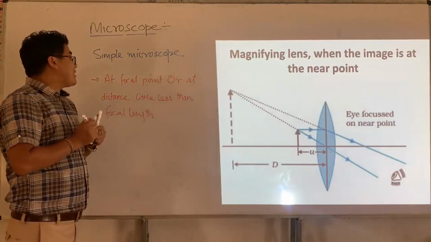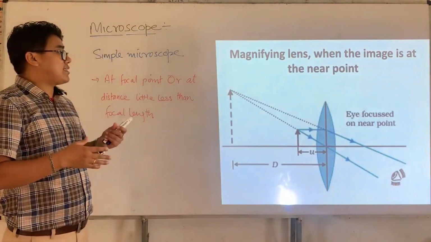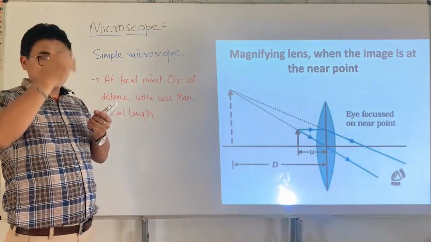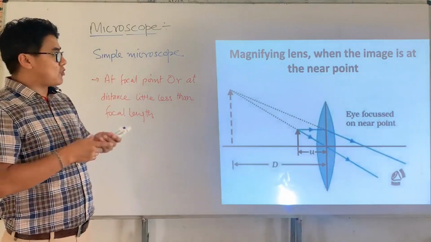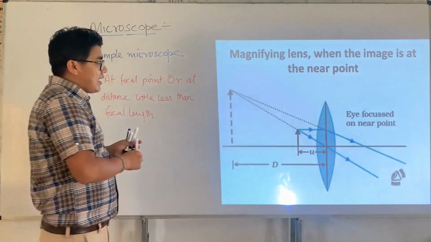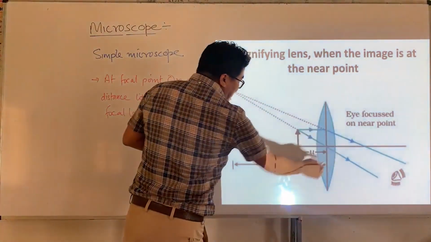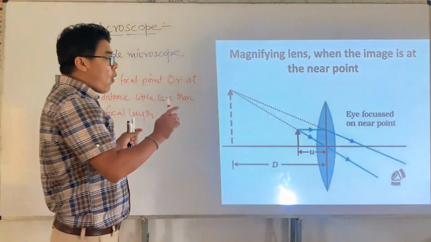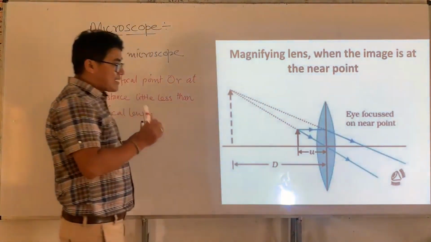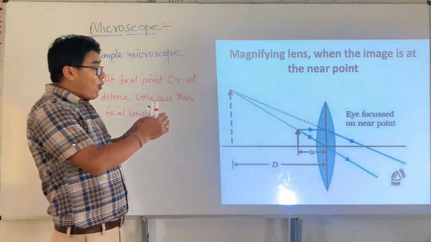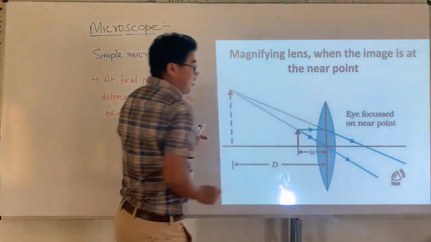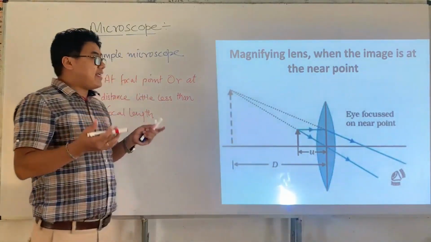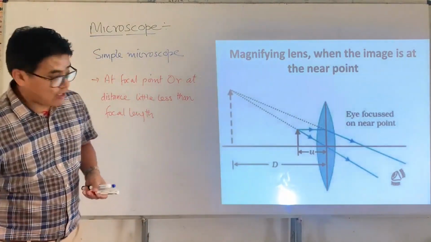Why this is important is that when we see, we should get a virtual, erect, magnified, enlarged image. So I have a lens, I see through the lens, and this object should be either at the focal point or at a distance between the focal point and the optical center, so that we get an erect, virtual, enlarged image. This is what you should keep in mind.